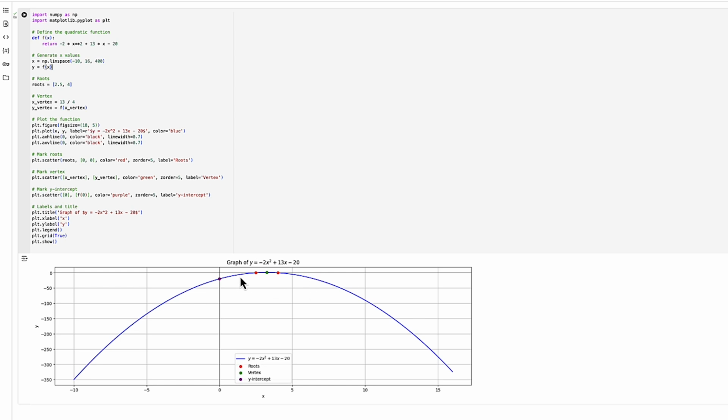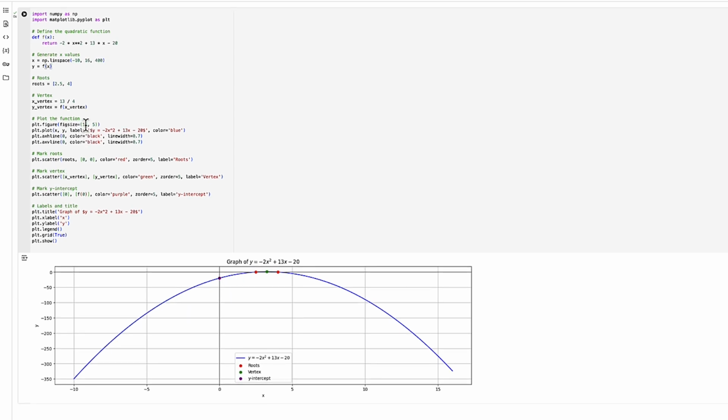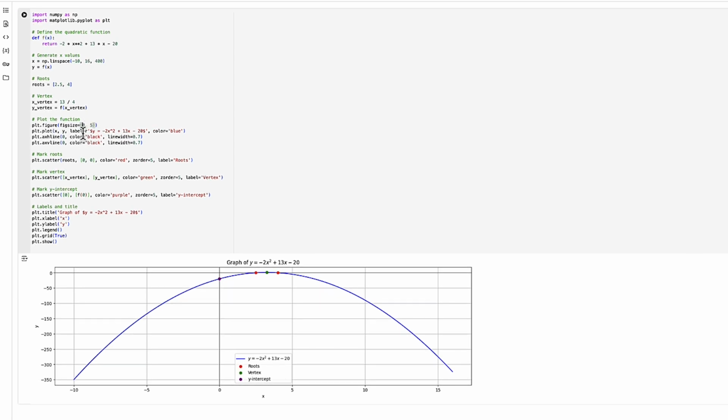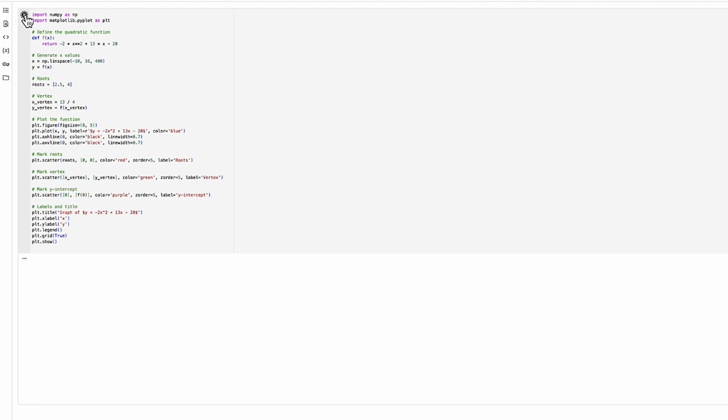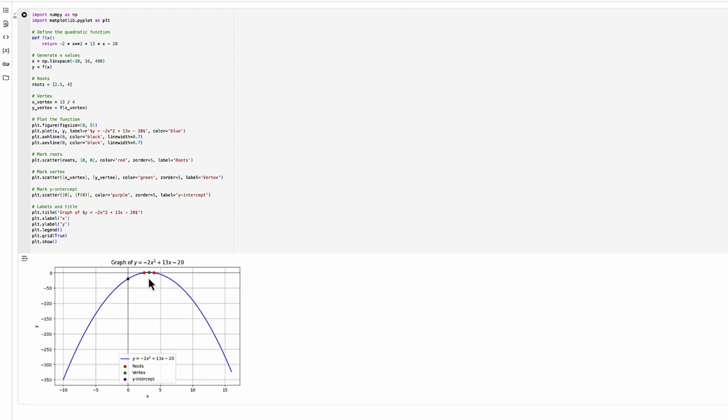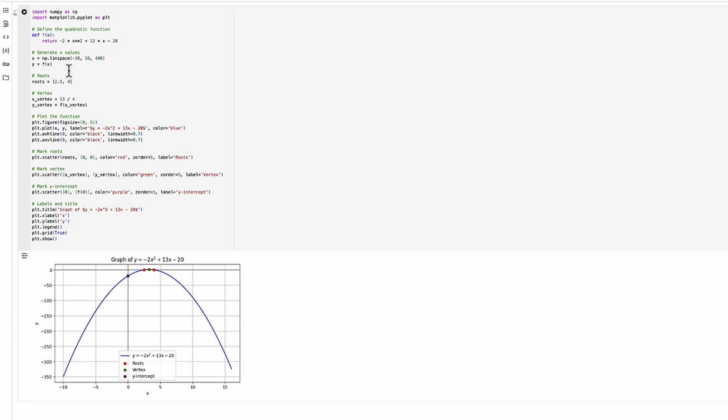Now this might be too big. Oh look, it's not giving me enough details. Okay, let's go back to 8 and 5. Maybe there's a way to do, let's see. I'm trying to see if we can zoom in, but it looks like this particular code, maybe not.